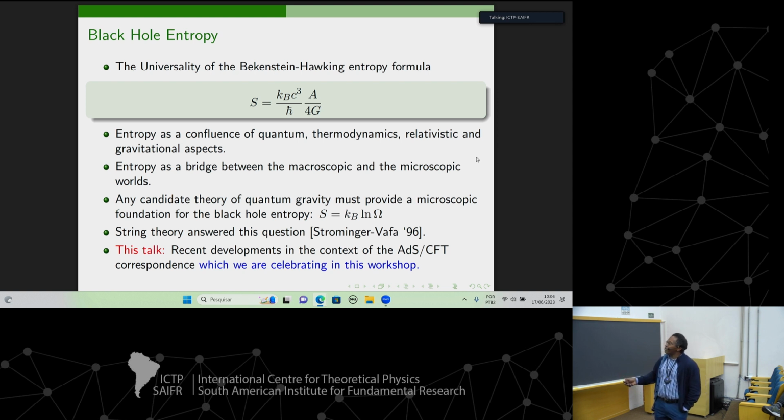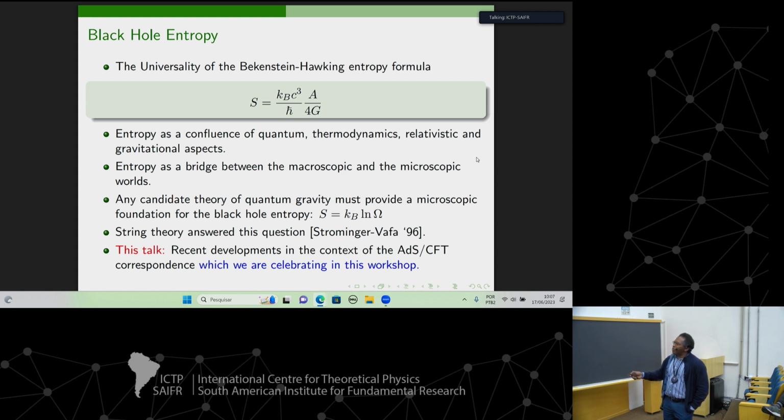But more importantly, for a theory of quantum gravity, this is really a nice bridge between macroscopic, what your engine can do for you, and microscopic. What we want for any theory of quantum gravity is that any candidate should be able to produce this for us: a microscopic interpretation of this formula, as a counting of degrees of freedom.